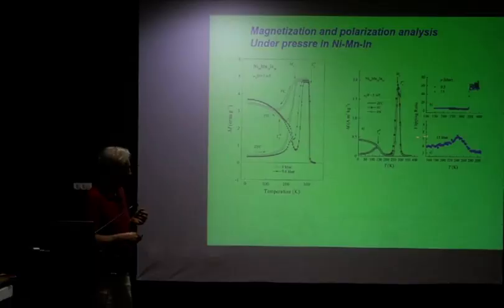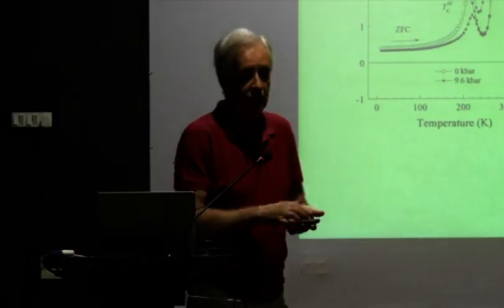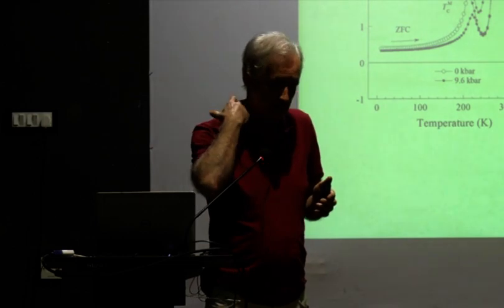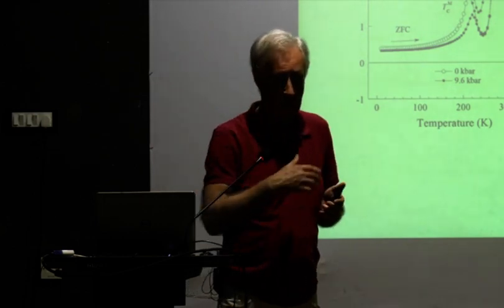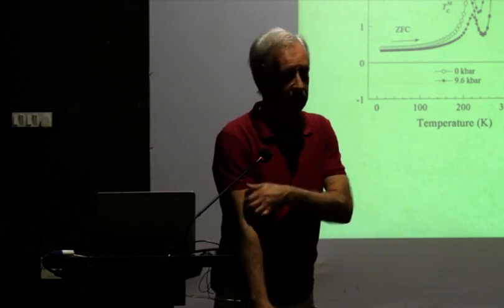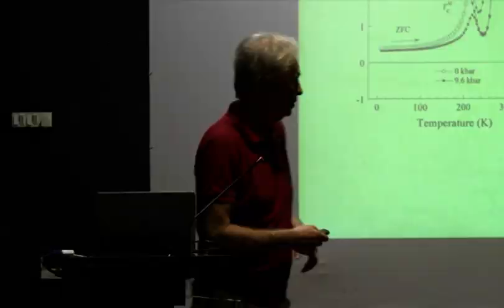And indeed, if you do this experiment in a pressure cell, you see that if you go to about 15 kilobars, then the flipping ratio has increased, and it corresponds to a temperature where this peak is about the minimum around here. So indeed, putting pressure perhaps brings the atoms a little bit closer together so that you are on the favorable side of the critical volume so that your antiferromagnetism is seen there.